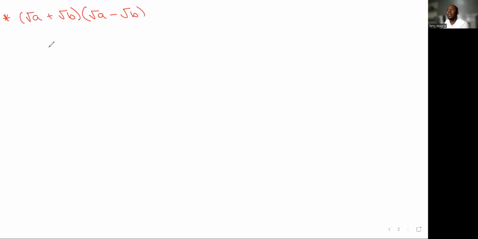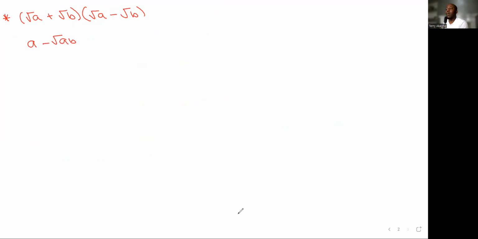So if, for instance, we have this and you open the bracket, it follows all the basic rules of algebra, like we said. So if you open the bracket for this, you're going to have root A times root A, okay? Root A times root A will give you A. Root A times minus root B will give you minus root AB. Are you seeing it?